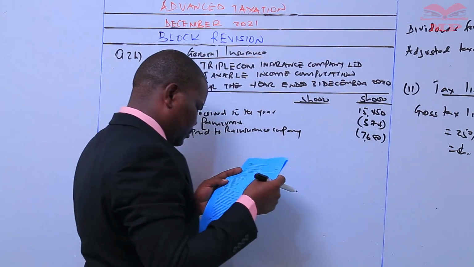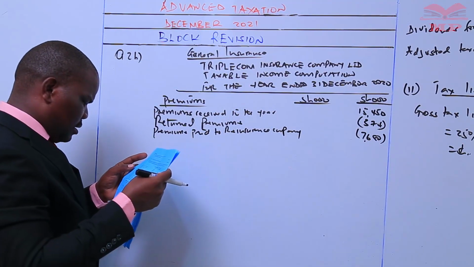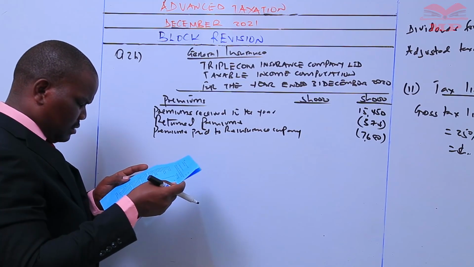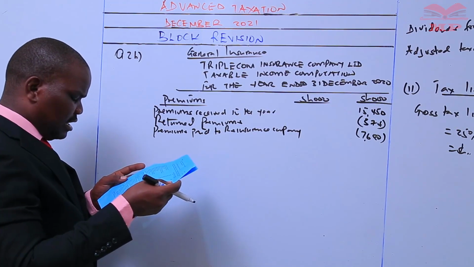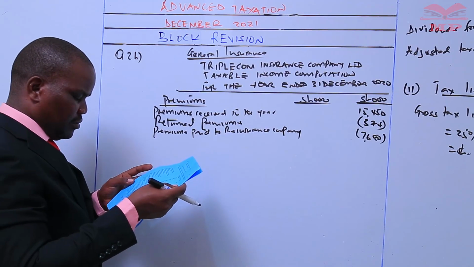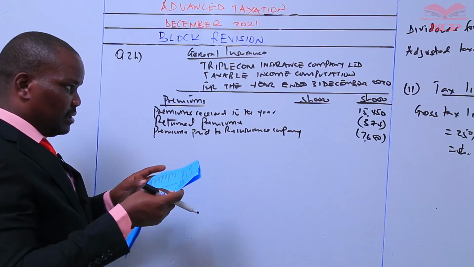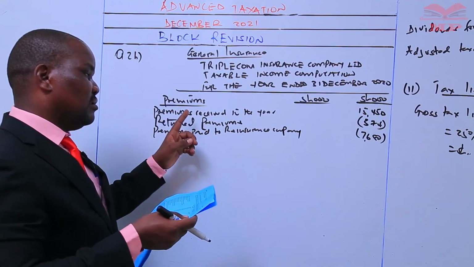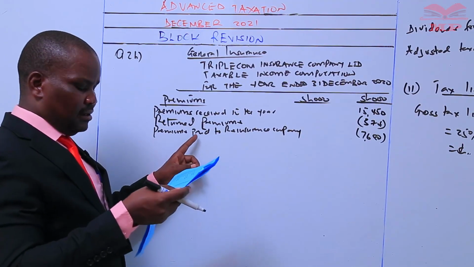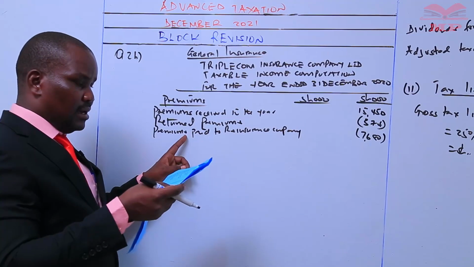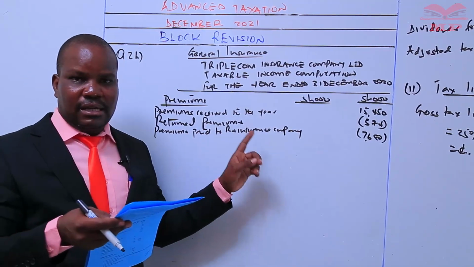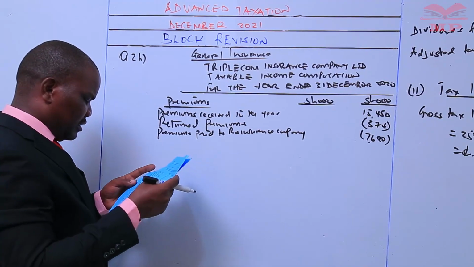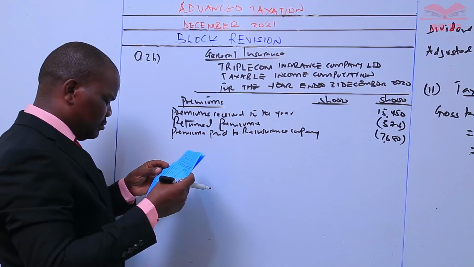We deduct. Now, note 5 says outstanding premiums in respect of life insurance business was follows. Now that is for life, not general, so we can't use it here. If we had the same under general insurance, we would add the outstanding premiums at the end of the year and deduct the outstanding premiums at the beginning of the year. But the ones we have are for life assurance, so we don't bring them here.